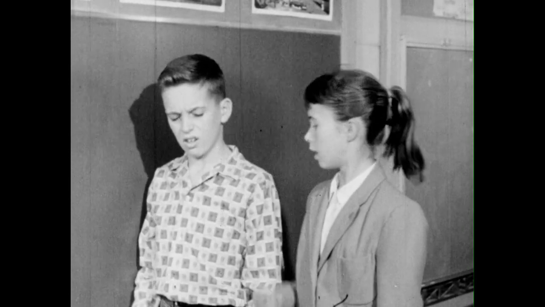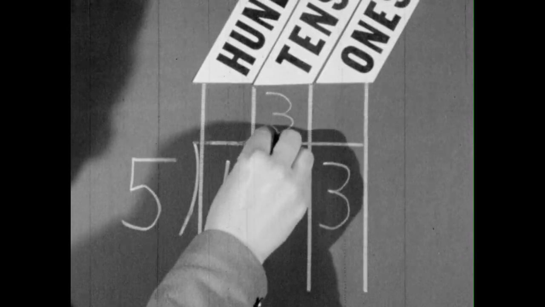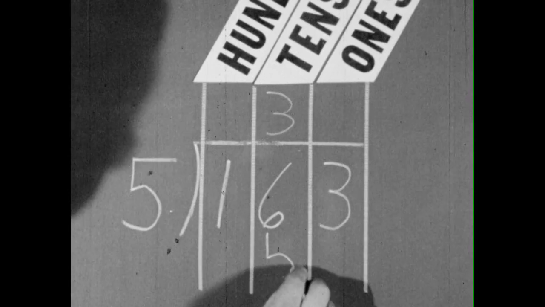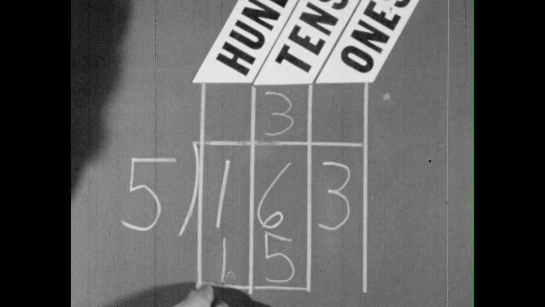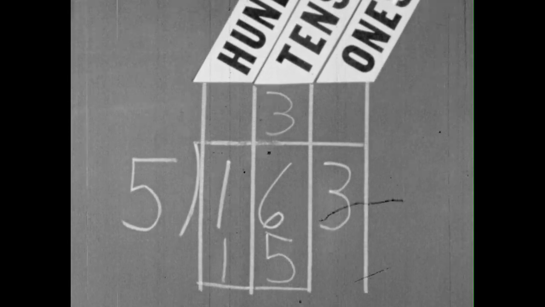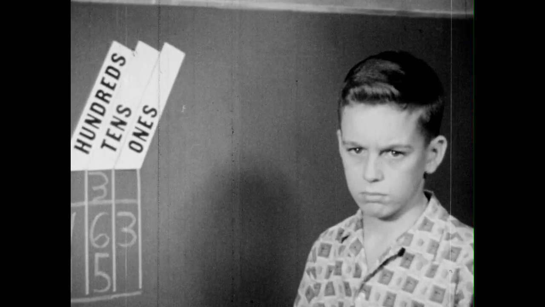All right then, Linda. To remember that there are 3 groups of 5 tens in 16 tens, you have to think of the next number lower than 16 that can be divided by 5. That number is 15. Had you forgotten that division fact? Well, Bob, there's an easy way to remember a division fact if you forget it.